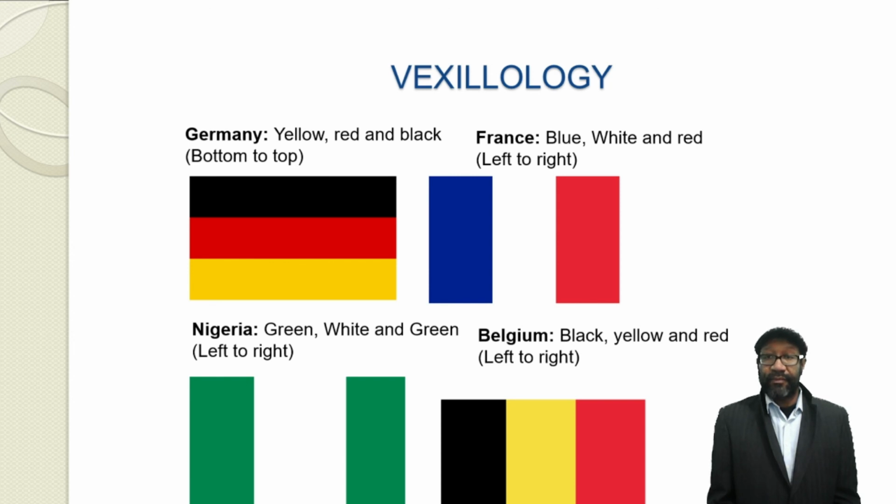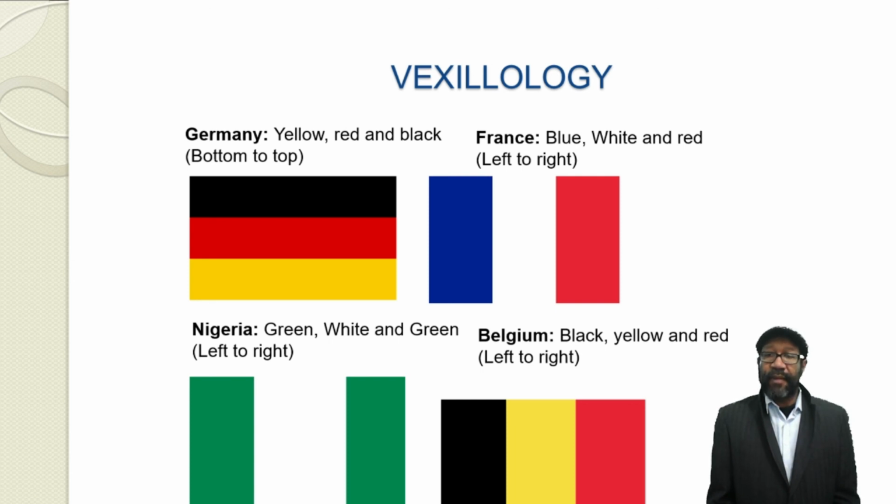Pay attention to two things. The first thing is that the colors blue, white, and red from the French flag appear in many other flags around the world. You can see them in Cuba, you can see them in the United States, you can see them in Russia. So these three colors mean fraternity, freedom, and equality.